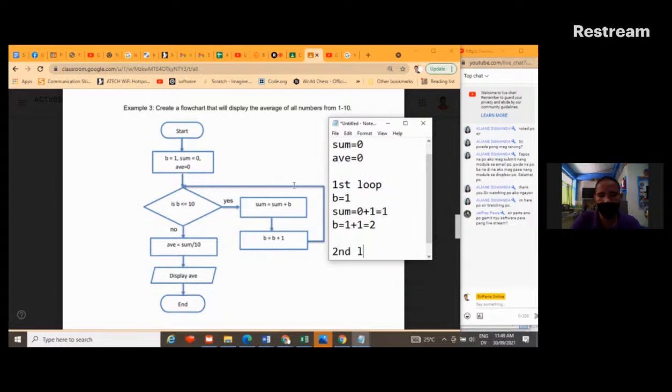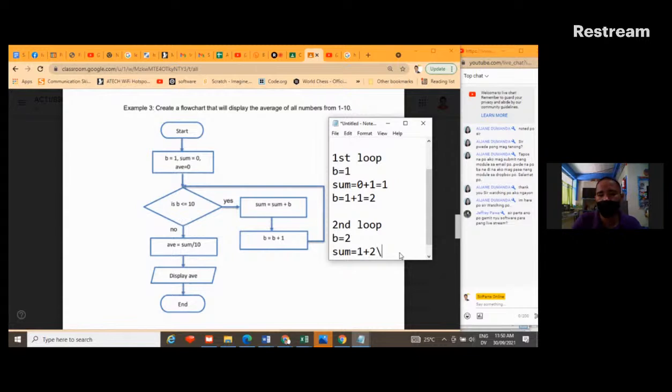Second loop. For second loop, B is already equal to 2. And then you have sum equals the value of sum here, that's 1, and then plus the value of B. What's the value of B? The value of B is 2.